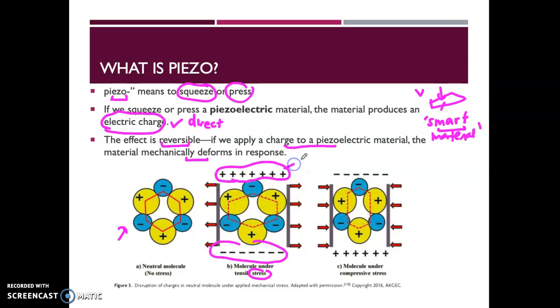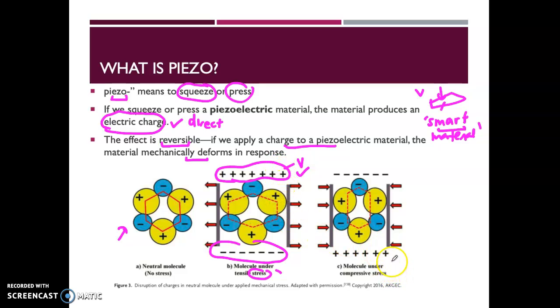This charge will lead to a voltage. So this is a direct effect. When you squeeze or elongate the piezo material, you have a charge accumulate at the piezo material, and you will have a voltage or an electrical signal.